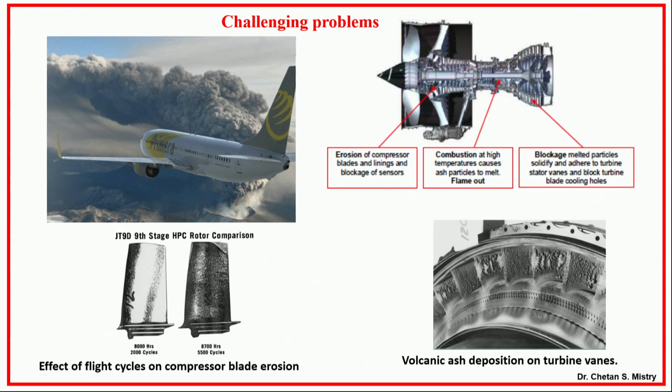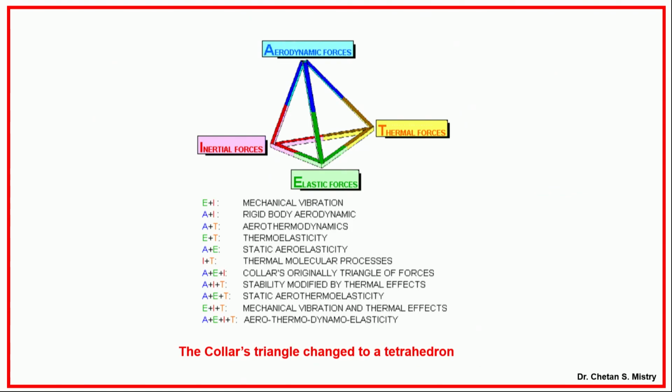Now the situation is that your turbine rotor or turbine vane will immediately melt. So, overall, rather than saying Collar's triangle, we can now say it is a tetrahedron, because the aspect of thermal force also we need to consider.